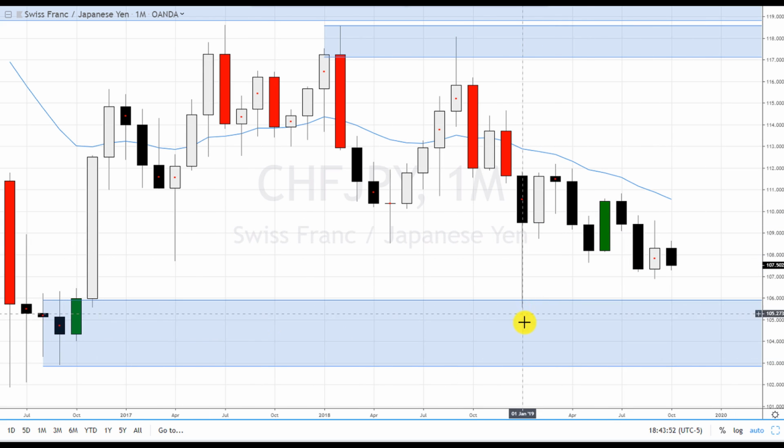Price dropped down here and it rallied, but it wasn't strong enough to get back to the tested monthly supply zone, so it's dropping again, and we have this blue EMA line that's acting as resistance currently. I will explain that in a little bit, but it doesn't really apply to this chart yet because price is just moving down. It's moving its way down to this tested monthly demand zone where we can go long again.